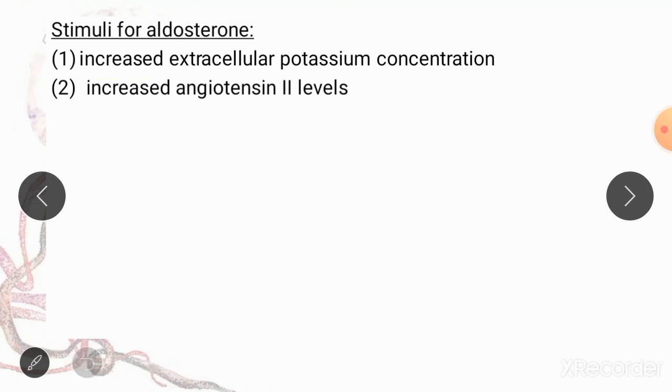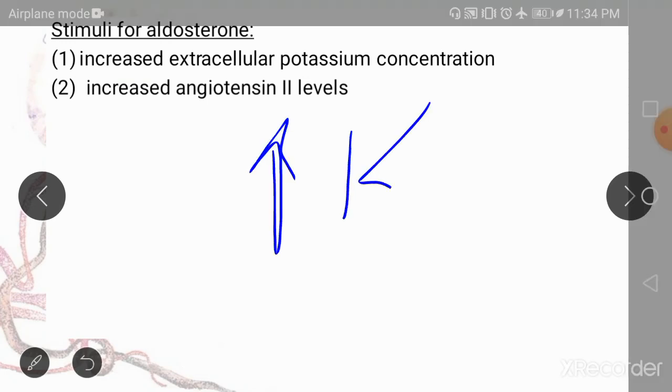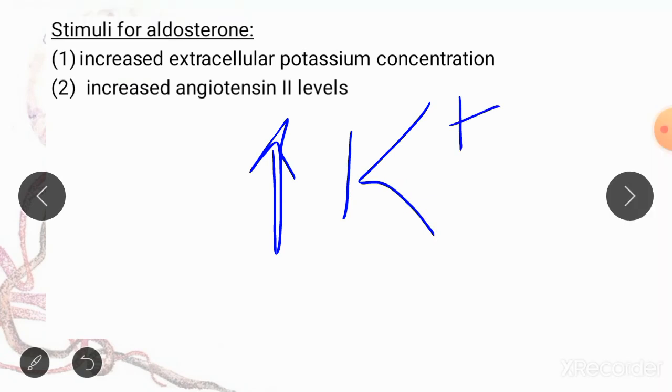So although aldosterone is responsible for sodium reabsorption, the stimulus for its secretion is increased extracellular potassium. Whenever there is increased extracellular potassium, aldosterone is going to be released, and it is going to cause excretion of potassium in the urine to reduce its values back towards normal, and it is going to cause reabsorption of sodium.